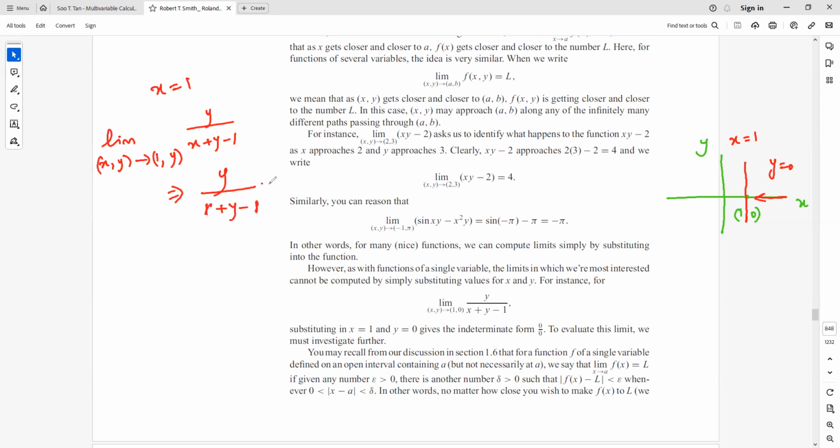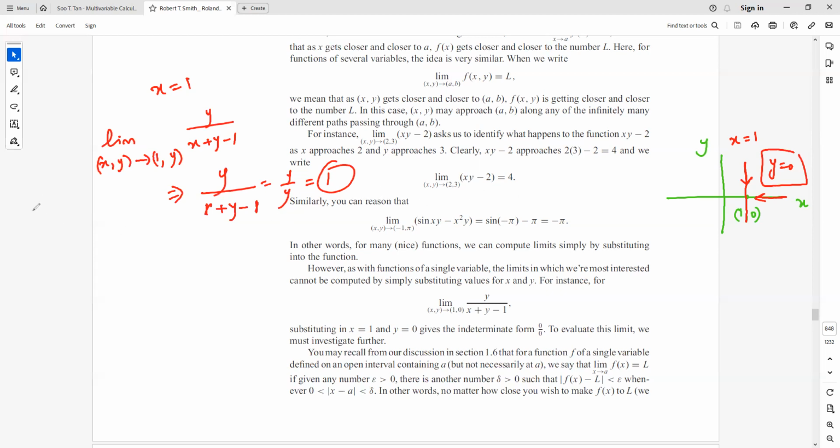So this cancels out and we are left with y over y, which equals 1. Now if we approach from the line x equals 1, we get the limit as 1.